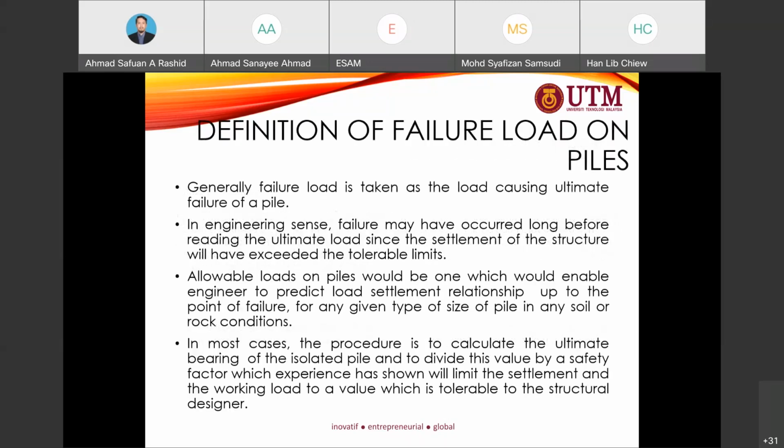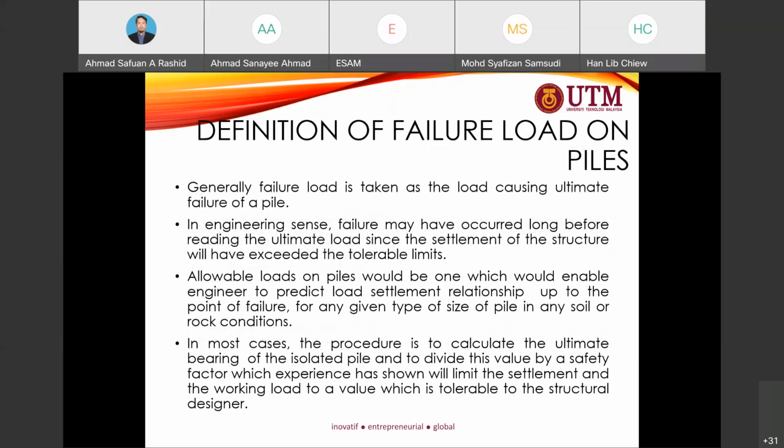So, definition of the failure loads on pile. Okay, generally failure is taken as the load causing ultimate failure of a pile. In engineering sense, failure may have occurred long before reaching the ultimate load, since the settlement of the structure will have exceeded the tolerable limits.